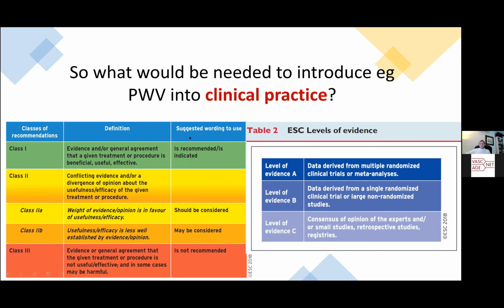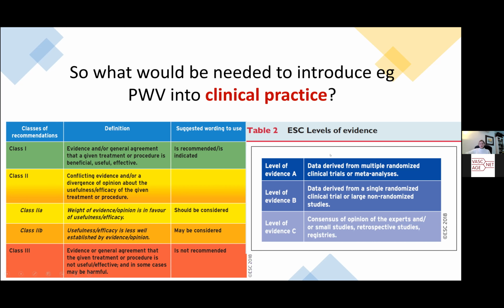And therefore the wording used in the guidelines is 'it is recommended' or 'it is indicated'. Whereas for others it could be 'should be considered', 'may be considered', or in this case 'it is not recommended'. So a class 3 recommendation means evidence or general agreement that the given treatment or procedure is not useful or effective, and in some cases may even be harmful. That is the spectrum.